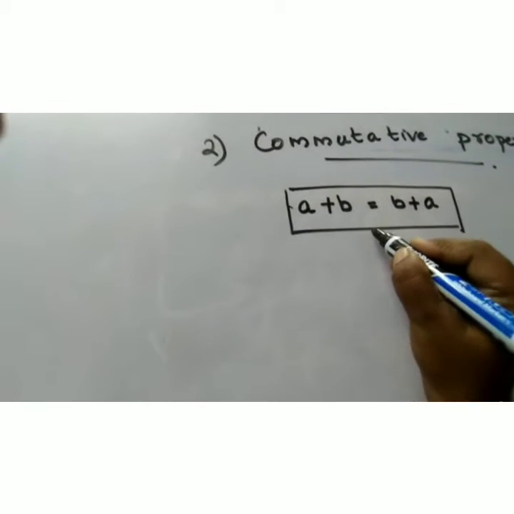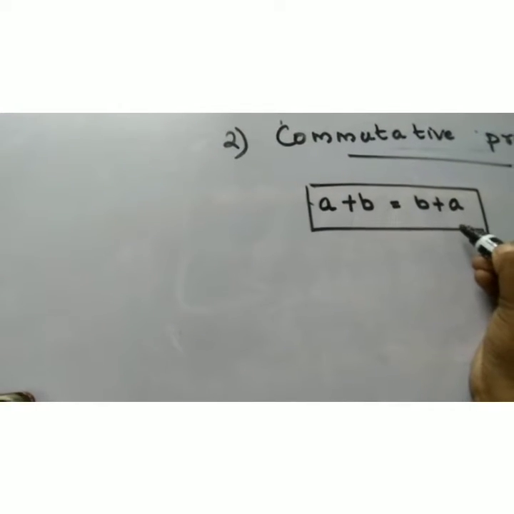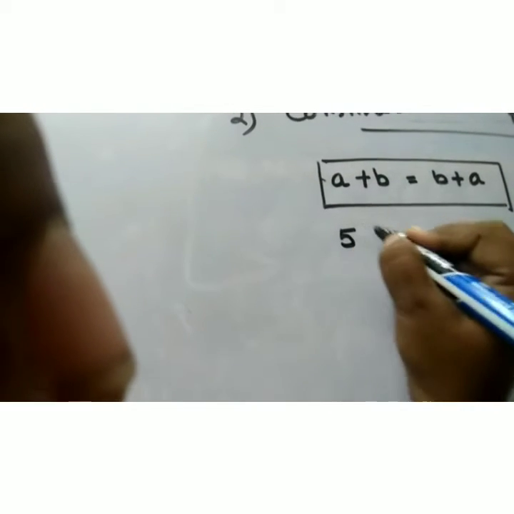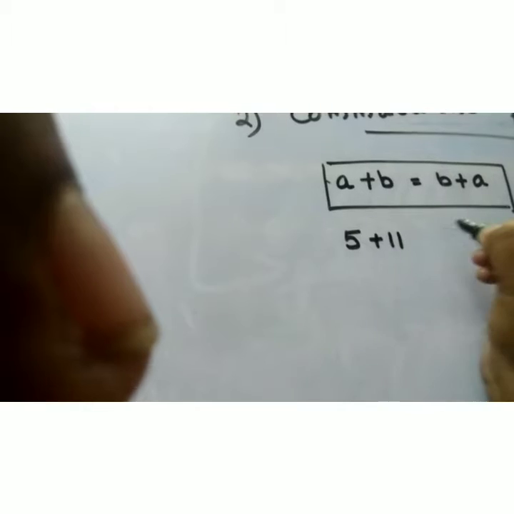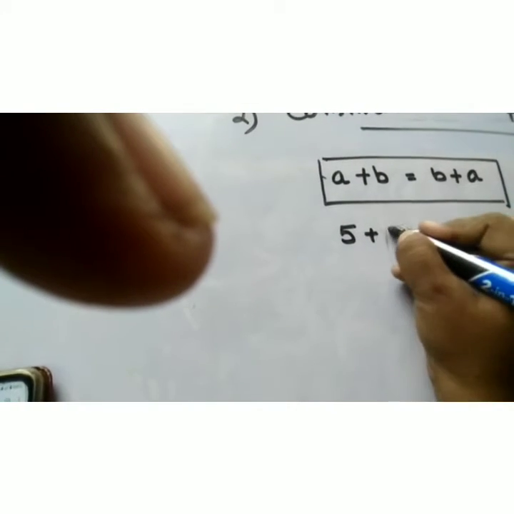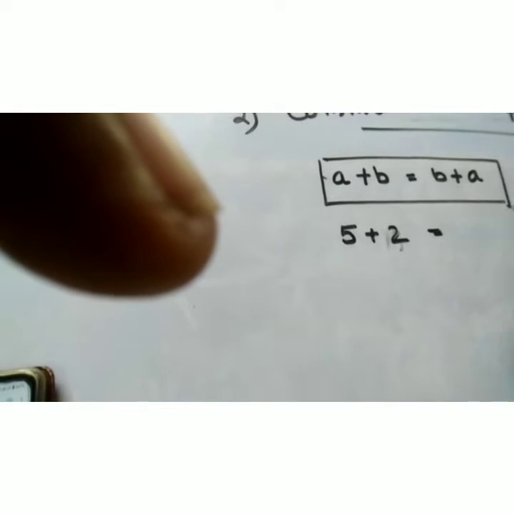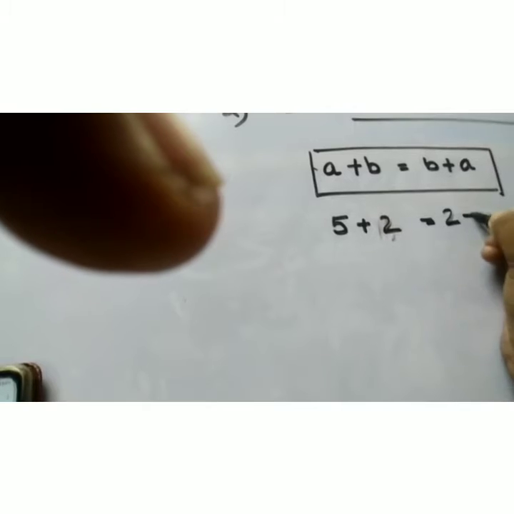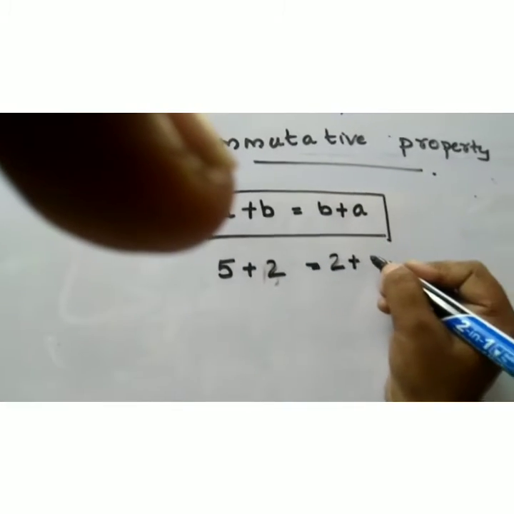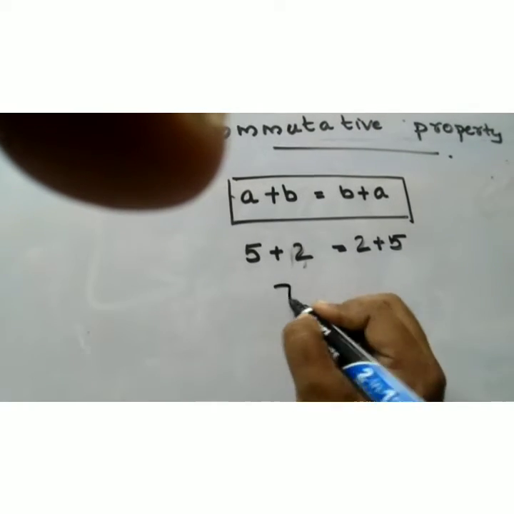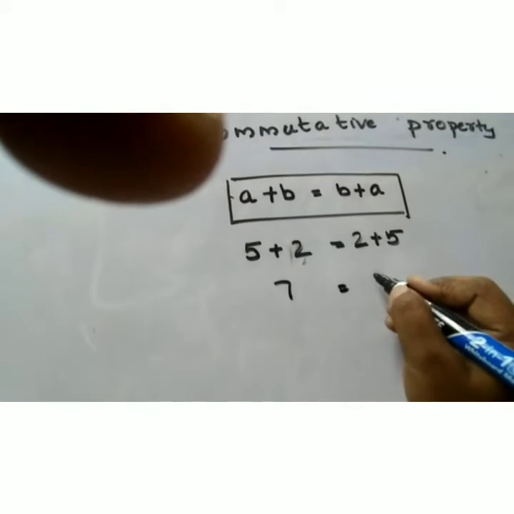For example, A is 5 and B is 2. 5 plus 2 is equal to 2 plus 5. The 5 plus 2 is 7, then 2 plus 5 is 7.